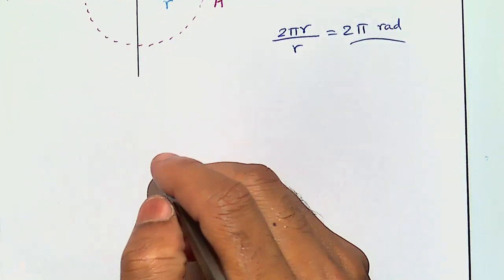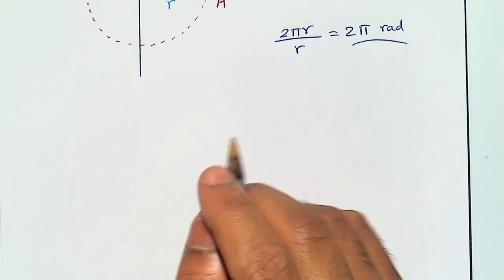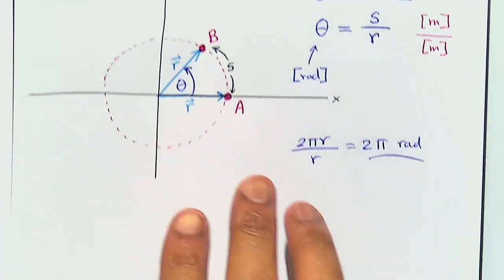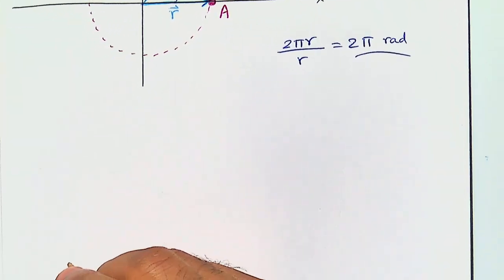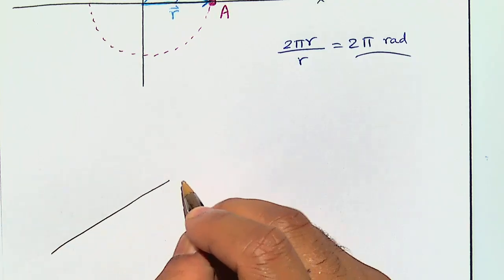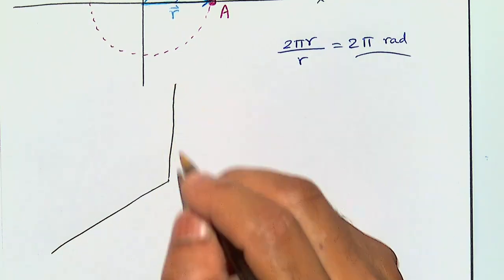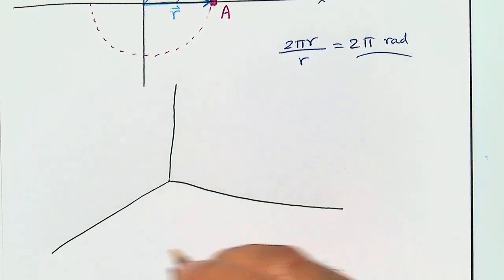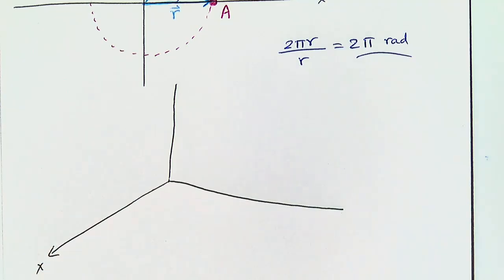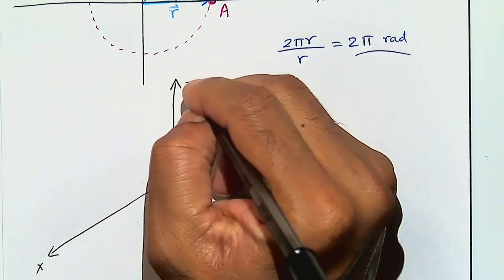So what we're going to do is draw this exact same picture, but in a three-dimensional sense. I'm going to rotate my coordinate system where x is over here, y is over here, and this is going to be positive z.